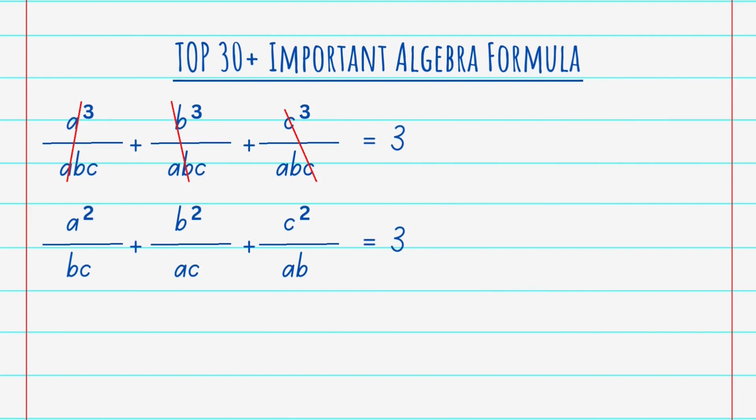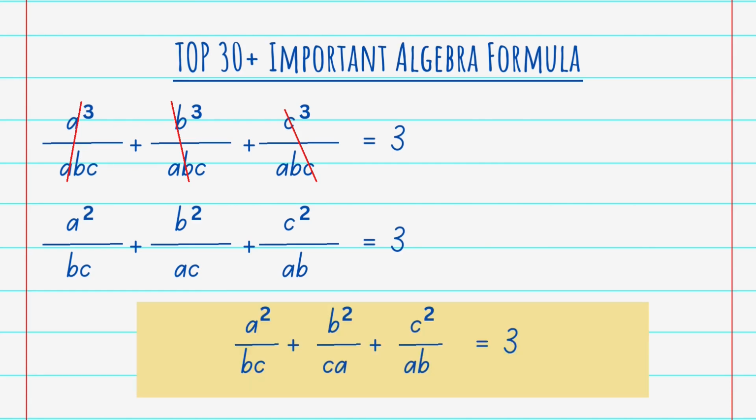So a will cancel, b will cancel, and c will cancel. So we have a²/bc + b²/ac + c²/ab is equal to 3. So we got our final value: a²/bc + b²/ca + c²/ab is equal to 3. So we got the answer as 3.